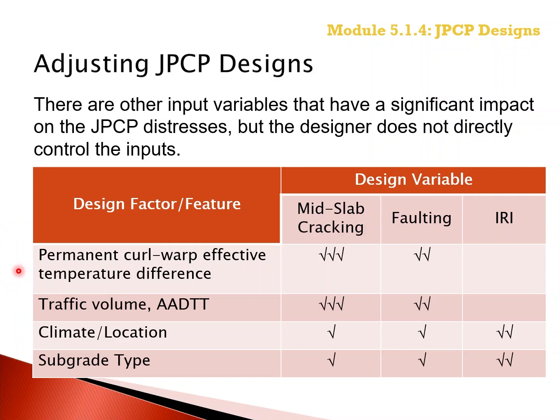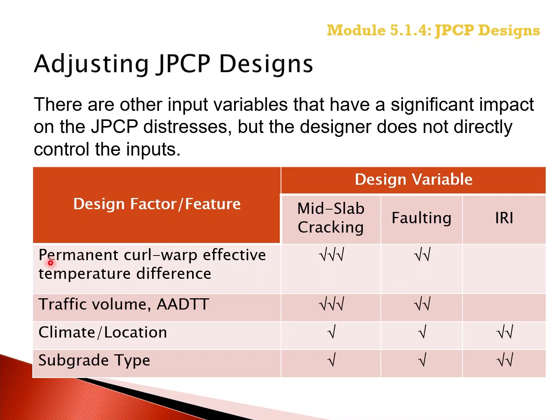The first, the permanent curl warp effective temperature difference, has a significant impact on mid-slab cracking, as well as a moderate impact on faulting. The lower the temperature difference, the lower the mid-slab cracking and faulting. However, the designer generally does not control this value, with the exception of some design-build projects.